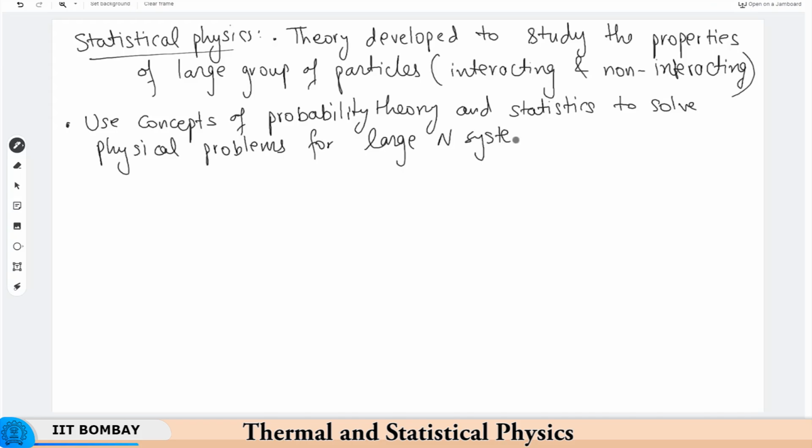Okay, so this is important. This theory works only if the number of individual constituents of that particular system is very large. So if we have a handful of molecules or atoms, like 10, 15 or something, this theory does not work. It works only when N goes to a very large number, and we will see why that condition is required, all right.